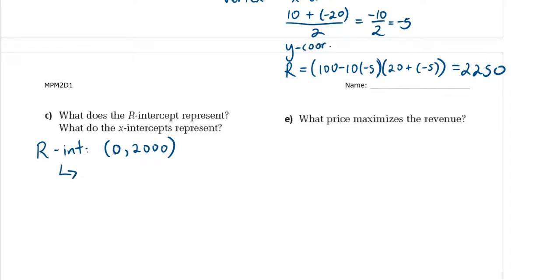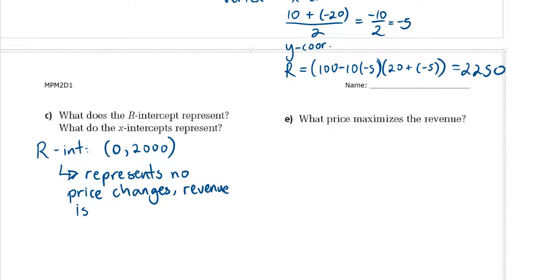So if we had 0 price changes, 0 $1 increases, so this represents no price changes. So if no price changes, what is our revenue? The revenue is $2,000. Okay.